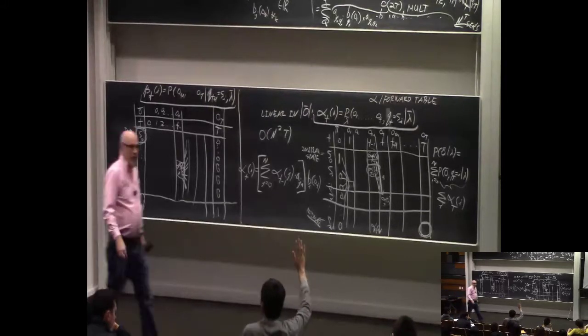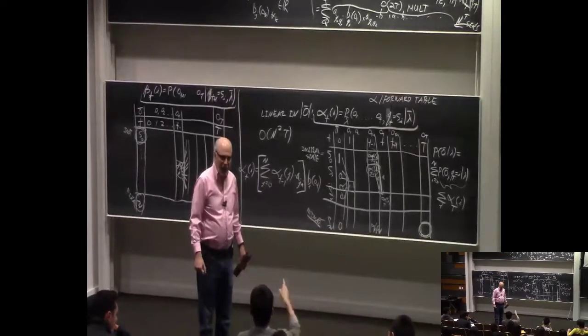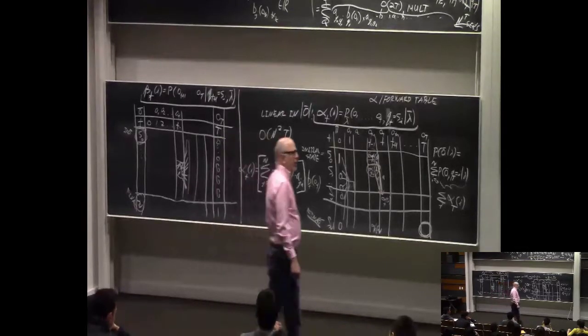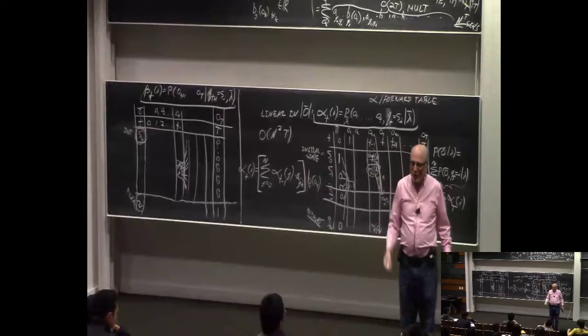Can I ask a question before that? Yes. Just a very quick question. Can you give some concrete example of when we will prefer to use the alpha table method and when will we prefer to use the beta table? I think we would normally prefer to use the alpha, the forward, because it's more intuitive to go forward.